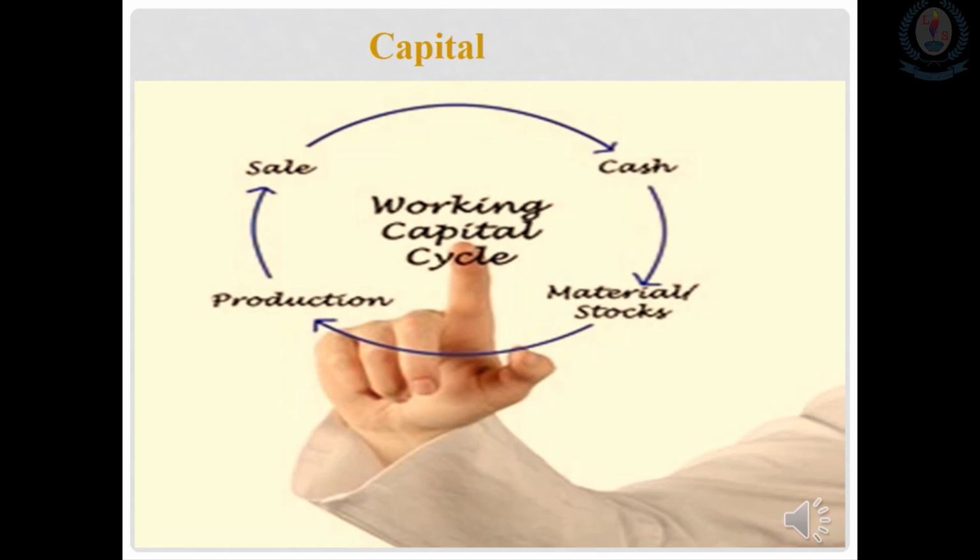It's like a circle. You can see in this picture, the process of working capital is like a circle. It's a circulation, like a life cycle. First we have the raw materials, stock of raw materials, and then those raw materials are put into the production process.